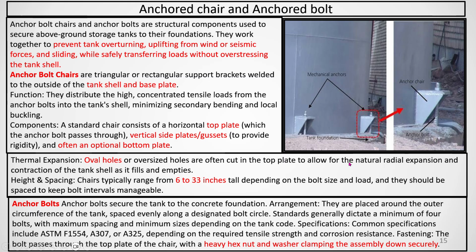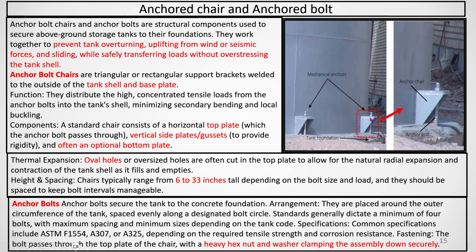So this is very important. And then there is this hole, and the foundation bolt will pass through this anchor chair. This hole is an oblique cut, meaning the diameter radially will be more, because the shell will expand. When it expands, if clearance is not there, then the foundation bolt will be subject to tension.